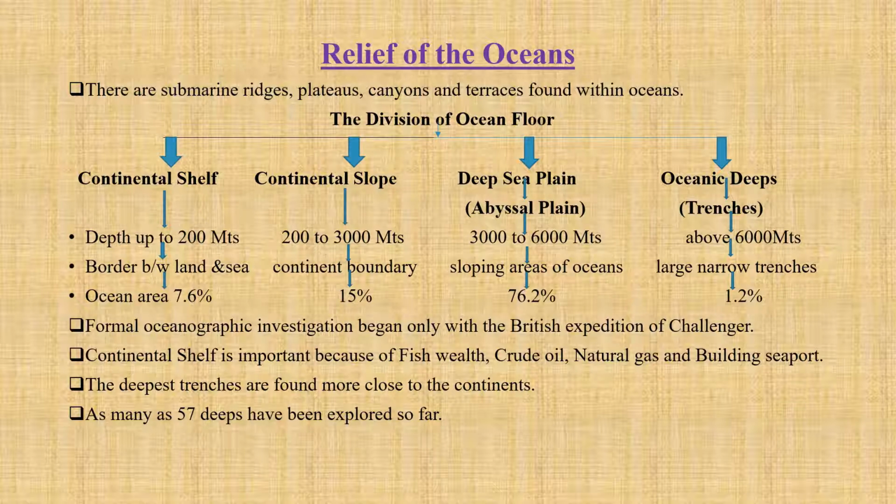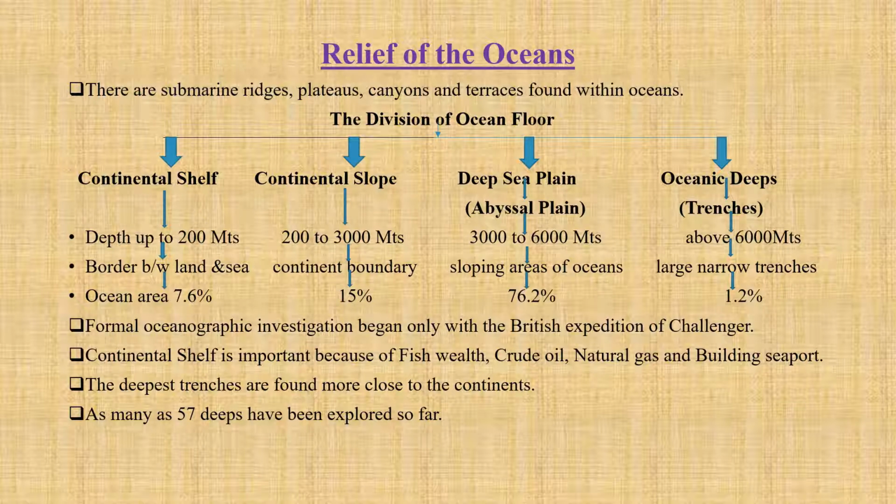Deep sea plain covers about 76.2% of the ocean basin. The depths vary between 3,000 to 6,000 meters.